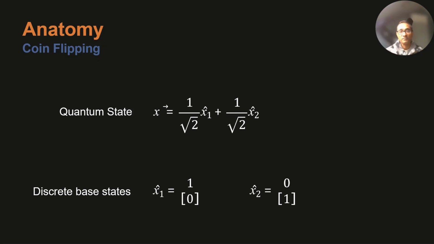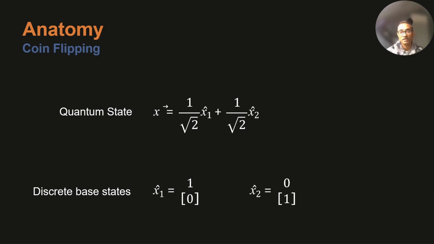Now, let's take a step back and think of the coin flipping game that we have discussed in the previous sessions in quantum mechanics. What we have known is that that particular coin flipping game can be represented as a quantum state, as you can see here in terms of vector x, having an amplitude and base states of x1 and x2 and an amplitude of 1/√2.